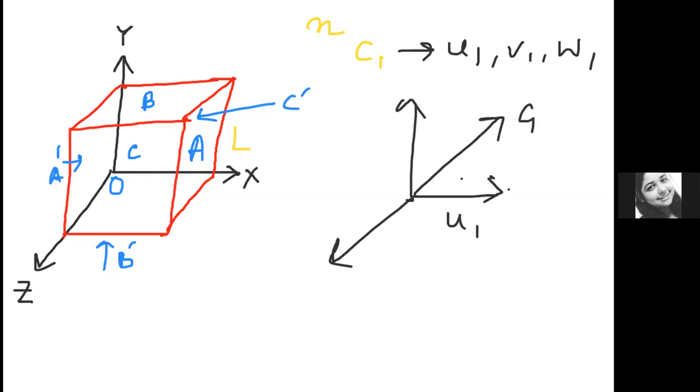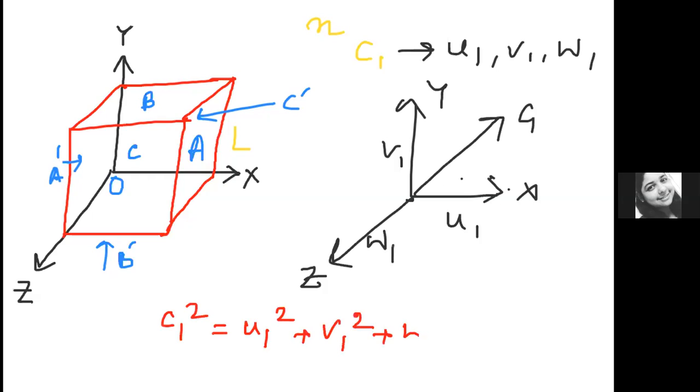This is my x-axis, this is my y-axis, and this is my z-axis. I resolve this velocity C1 into three components along x, y and z, such that C1 square is equal to U1 square plus V1 square plus W1 square. I consider this equation as 1.